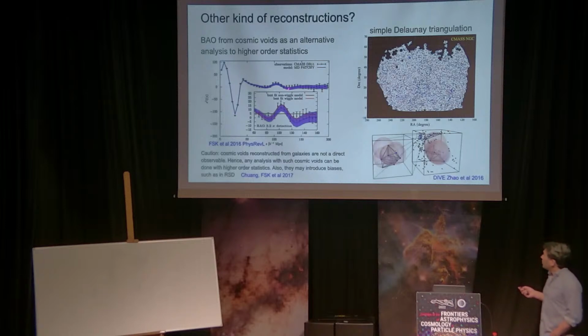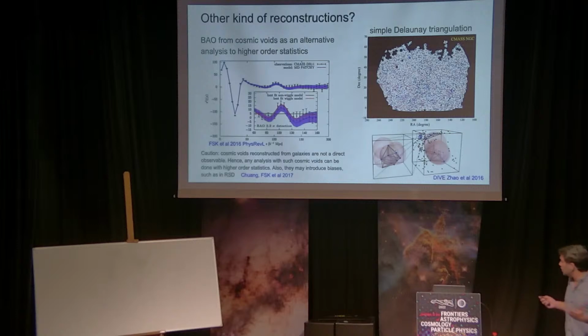Now, this is the first BAO detection with cosmic voids, and we defined cosmic voids in a robust way which should not depend on cosmology. What we did here with a code developed by Cheng Zhao in 2016 called DIVE was to find the Delaunay triangulation, which in 2 dimensions defines a circle.